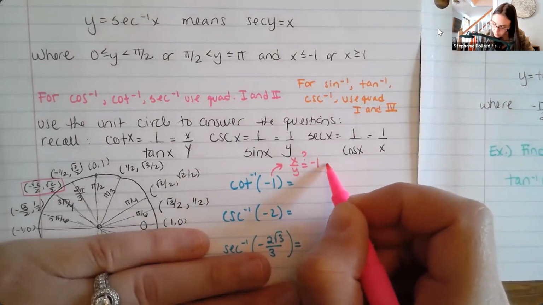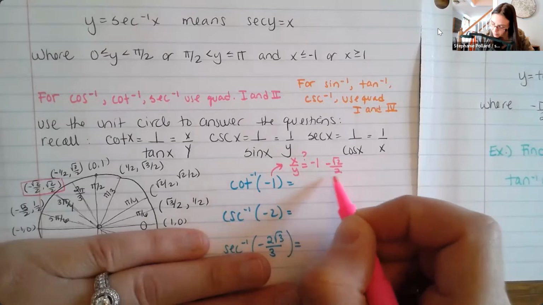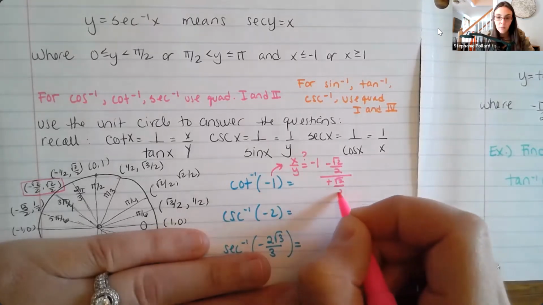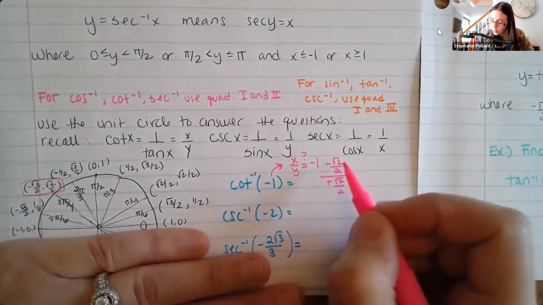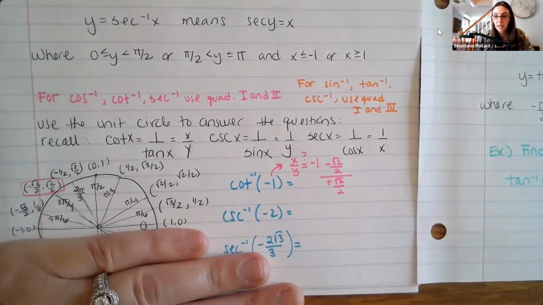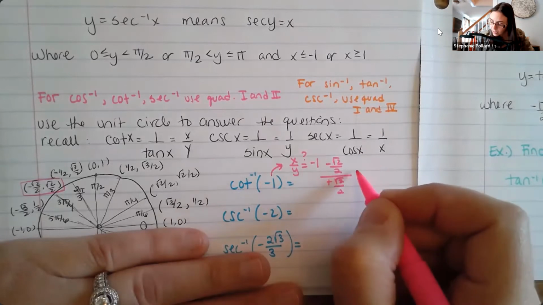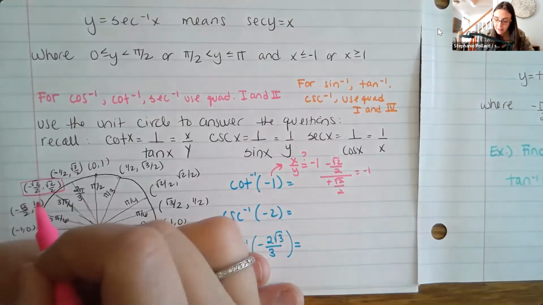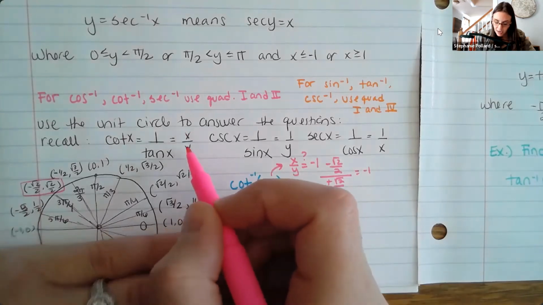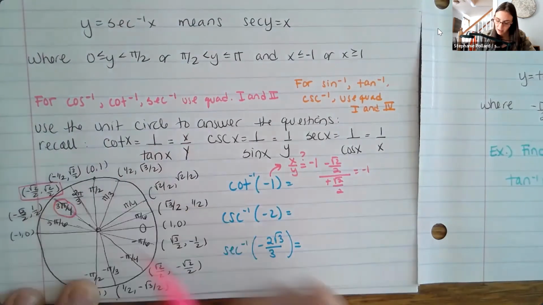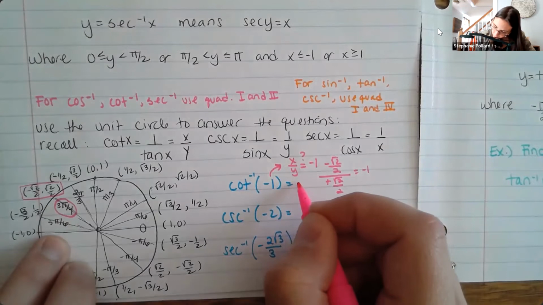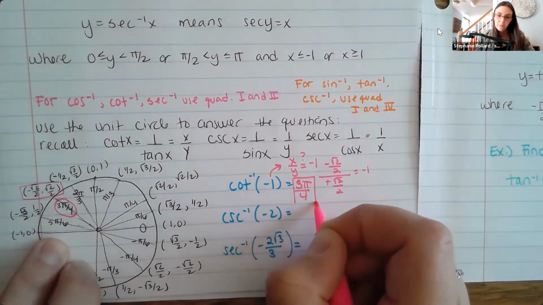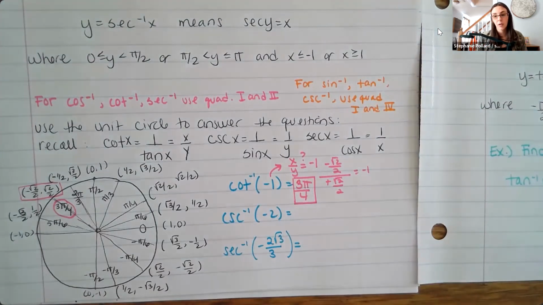If I do -√2 over 2 divided by +√2 over 2, well, √2 over 2, √2 over 2 just cancels, right? That would be just 1. So I do get -1 there. So that is the correct pair that gives me that ratio. And then I look out to my angle. My angle is 3 pi over 4.